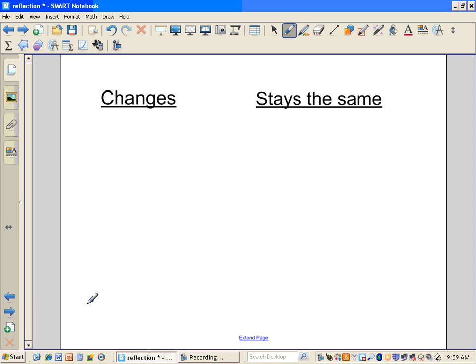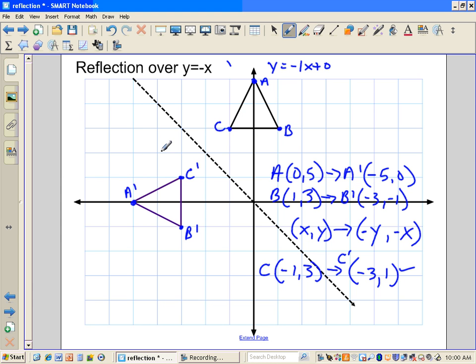Last part, not very different from before, but we just want to see what changes and what stays the same. The changes, obviously, are the positions of the coordinates. The other thing that changes, if you go back and look, is the slope. The slope here was positive from C to A, up 2 over 1.